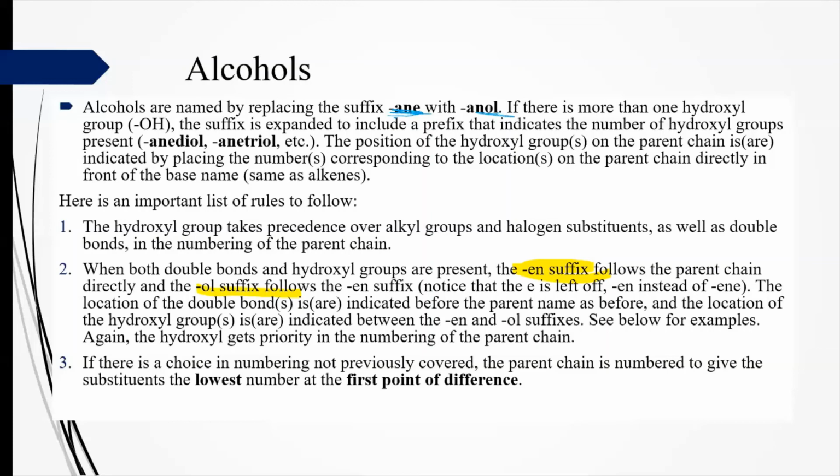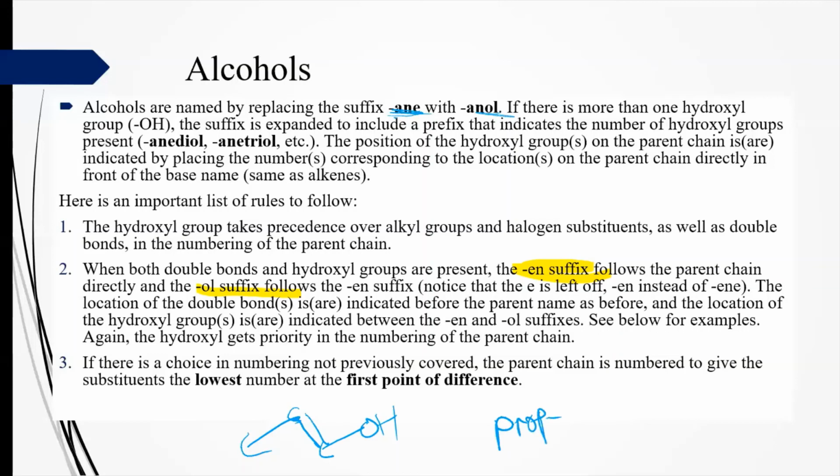So what something like that might look like is if we have something that looks kind of like this, and then we have an OH attached. Right, so this is a carbon, carbon, carbon. We would have this as prop.